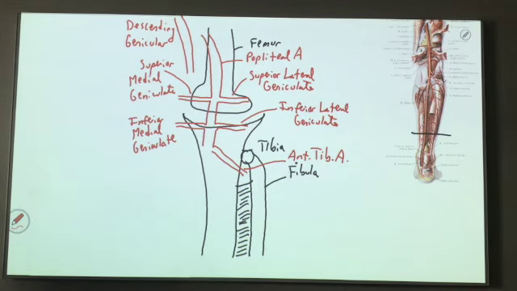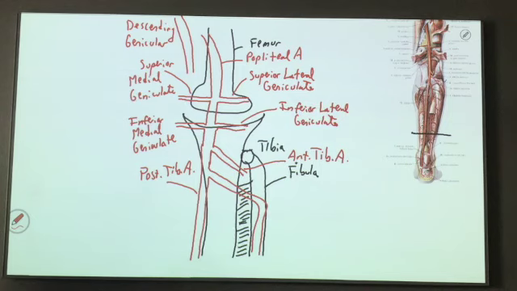Once that happens, now I have a posterior tibial artery, and that posterior tibial artery is then going to shoot off a branch that's going to travel down the fibula.